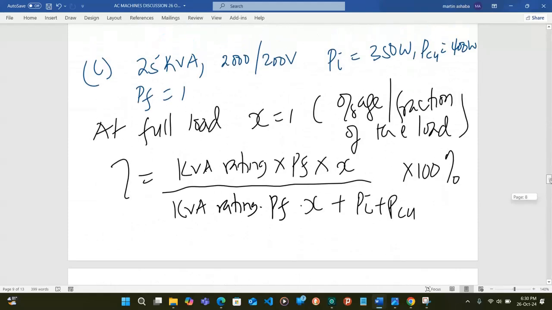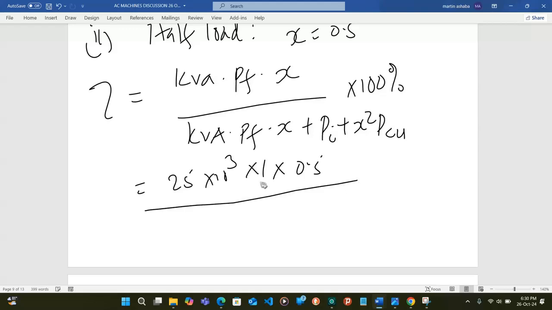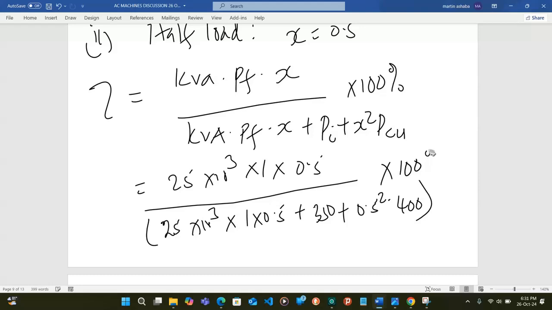Actually, even up here, we should have put X squared times the copper losses. So times 100. We will have 25 times 10 power 3 times 1 times 0.5, where 1 is the power factor and 0.5 is the amount of the load, divided by 25 times 10 power 3 times 1 times 0.5 plus the iron loss, which is 350, plus 0.5 squared times 400, times 100.